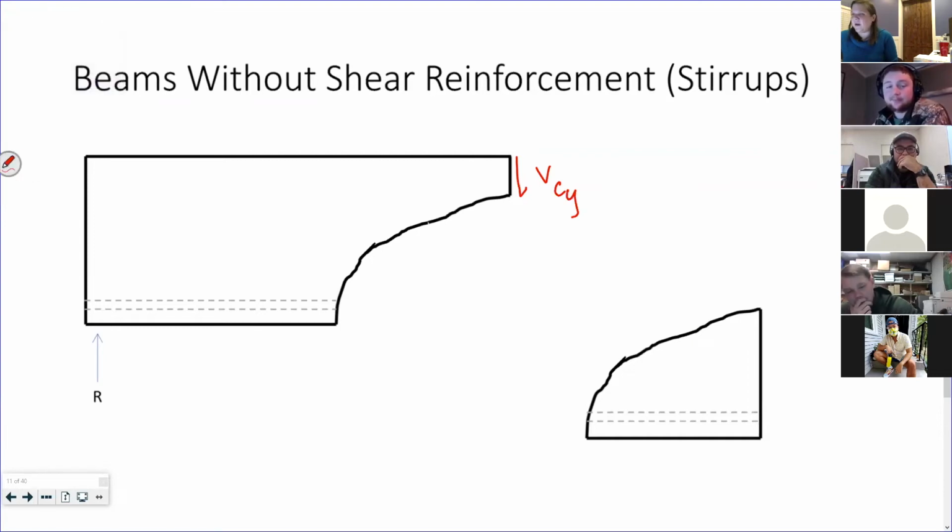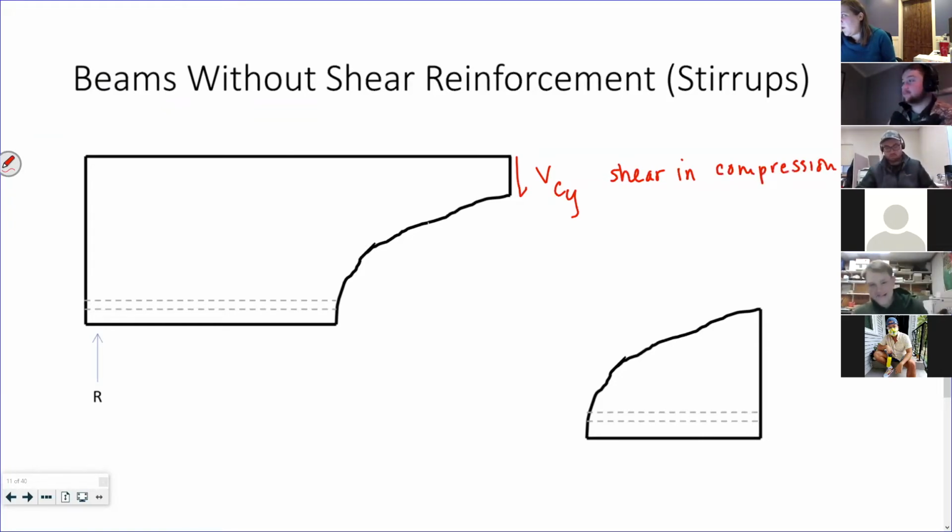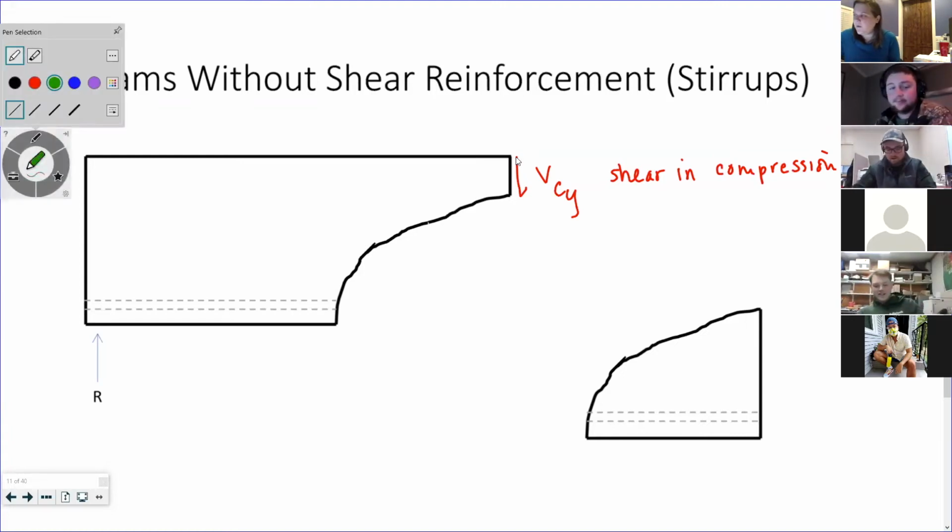I'm going to call that my shear in the compression zone, right? All this is in compression.